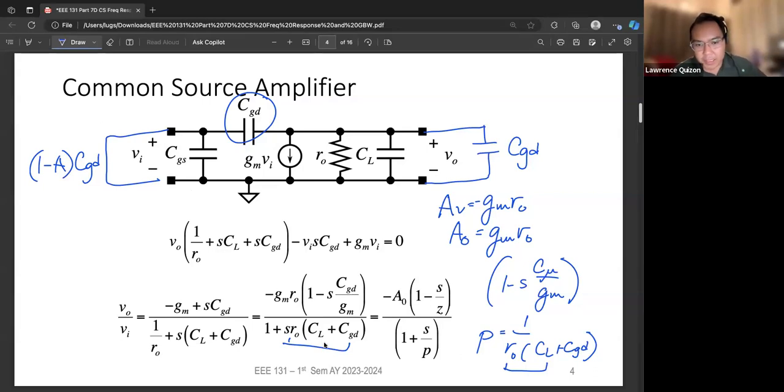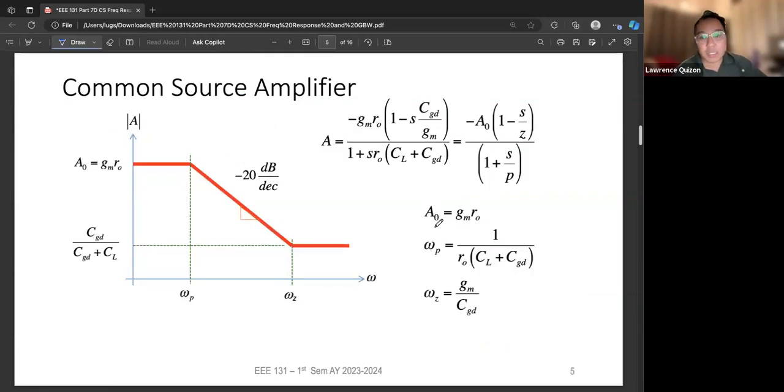So basically, what happened is CGD was referred to the output. It increased CL by CGD, and that's what we take, no? So CGD contributes a zero, and it adds a little bit to the load capacitance, not a lot, but a little bit, all right? So this is what that would look like, no?